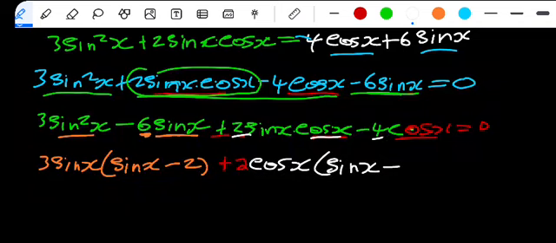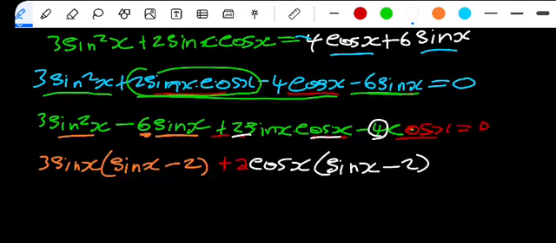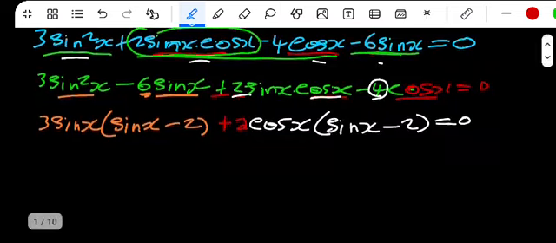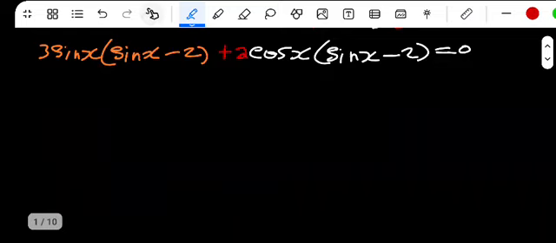So here we'll be left with, when you divide, 2 again. This must be equal to 0. So hopefully you can see this is a factor by grouping. If you see 4 terms, what must come to your mind? It's a factor by grouping.